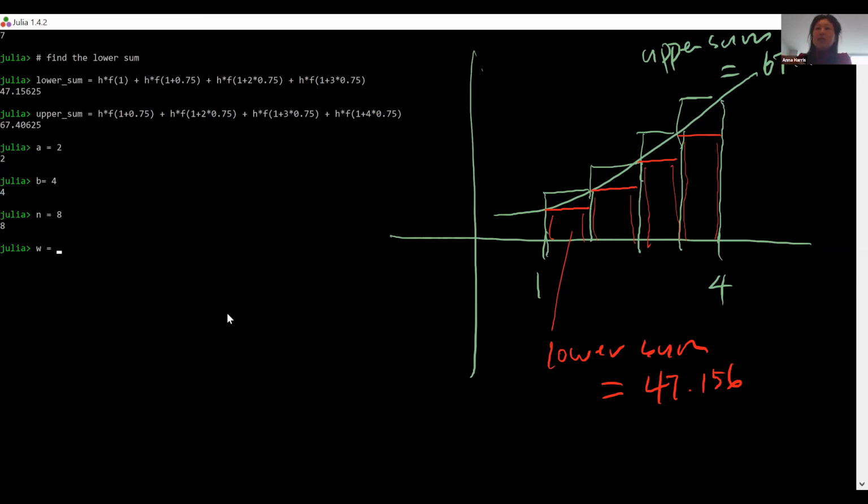So width is going to be what? B minus A, everything over N. So that's equal to 0.25 only. So now my graph is completely changed.